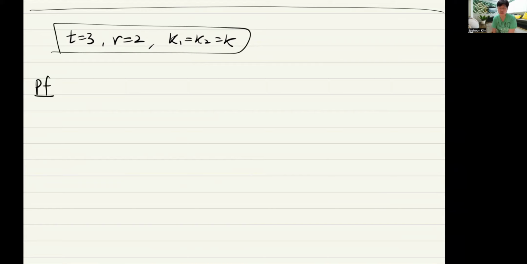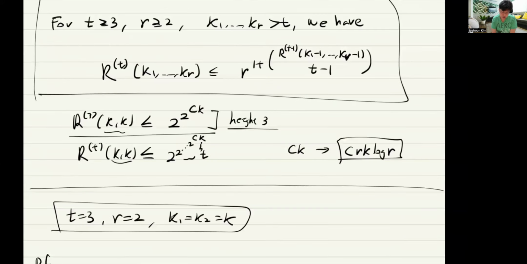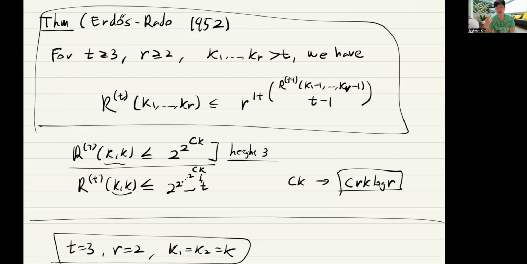This proof idea is called the stepping down argument. So how do you do it? You assume that you have a coloring on your 3-uniform hypergraph, and you will step it down to a graph coloring. And in that graph coloring, you find the clique, and then you transform this clique into a 3-uniform clique. In order for this to be possible, you have to choose the right way to step down.